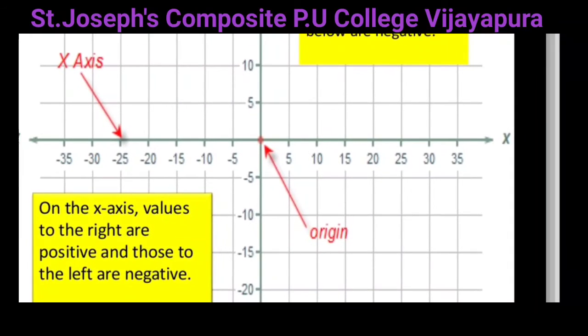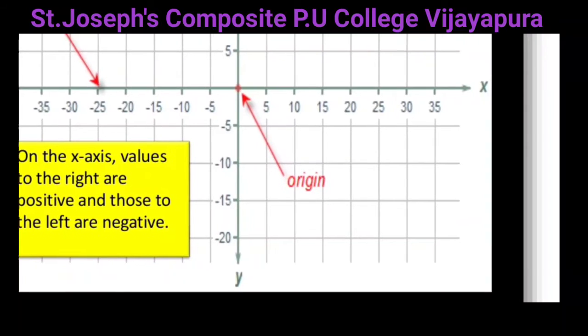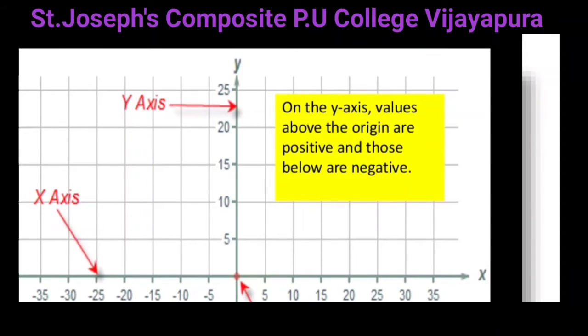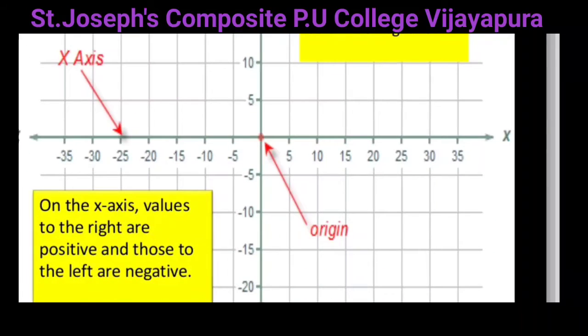And the vertical line below the origin is negative. So this is called the negative y-axis, where values are negative: -5, -10, -15, -20, and so on. So above 0 is the positive y-axis, below 0 is the negative y-axis.